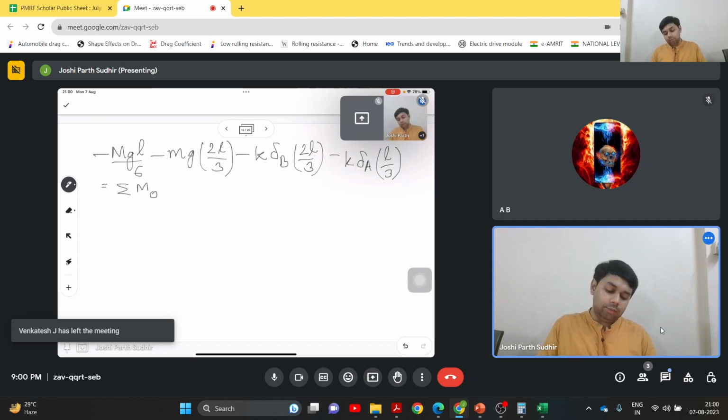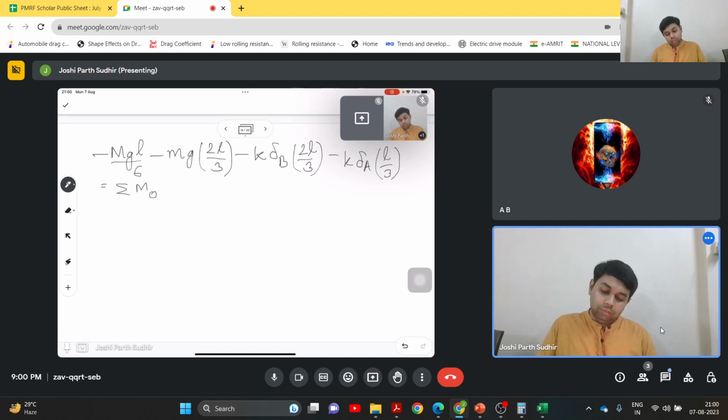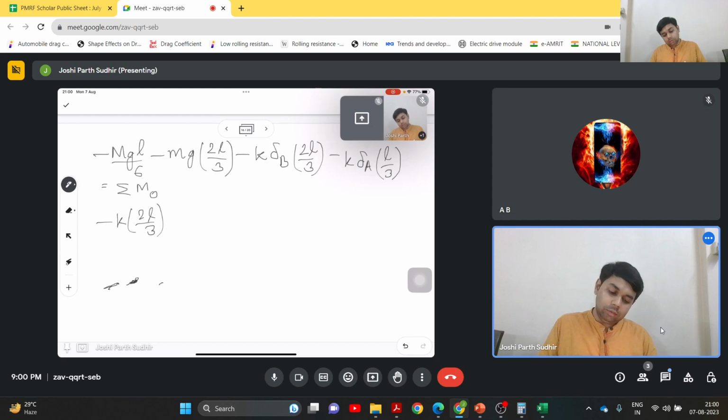Now we know the values of delta B in terms of theta. So minus k into 2L by 3 theta into 2L by 3, minus k into L by 3 into theta into again L by 3.